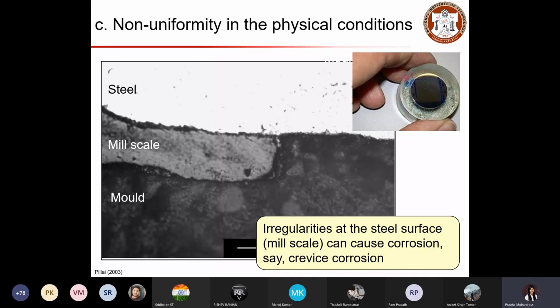So when it is exposed to atmospheric conditions, there will be a slight rust formation on the steel surface. Those are typically called mill scale. They represent the irregularities at the steel surface. And all the reinforcement that we use will have such a thin mill scale on its surface, right?